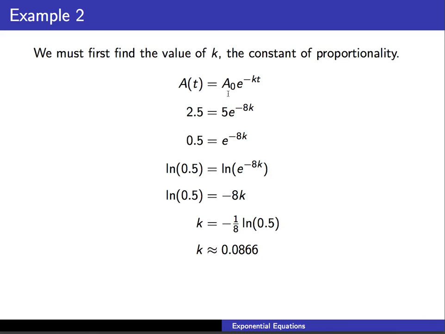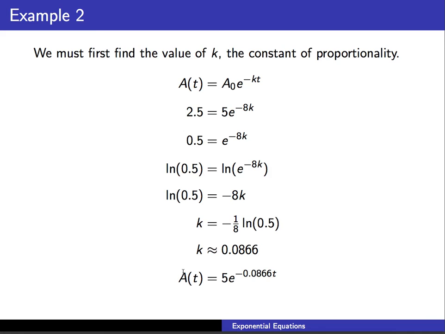And so now that we know what we started with, 5, and our value of k is 0.0866, our function, which we can use to model the amount that we're going to have at any given moment in time, is our starting value of 5 times e to the negative 0.0866 times t. So if we want to figure out how much we'll have after, let's say, 30 days, we could plug a 30 in for t and figure that out.